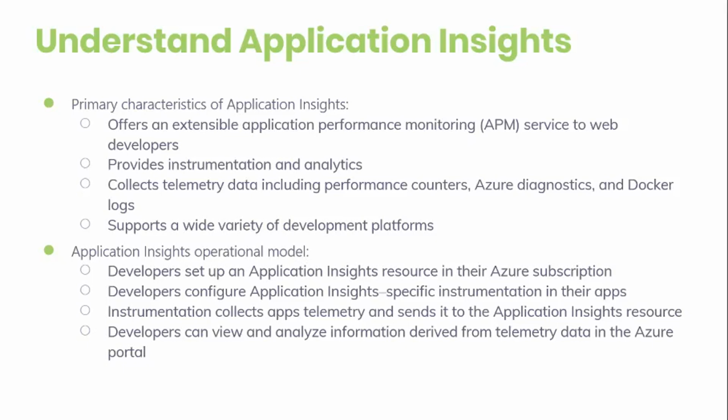You can also set up web tests that periodically send synthetic requests to your web service. All these telemetry streams are integrated in the Azure portal, where you can apply powerful analytics and search tools to the raw data. The impact on your app performance is very small. Tracking calls are non-blocking and are batched and sent in a separate thread.